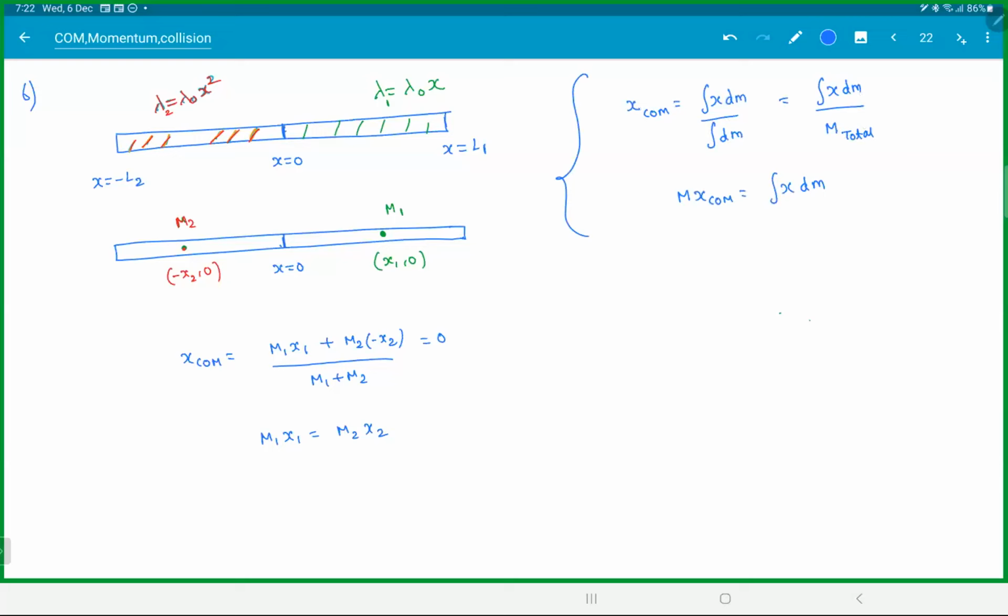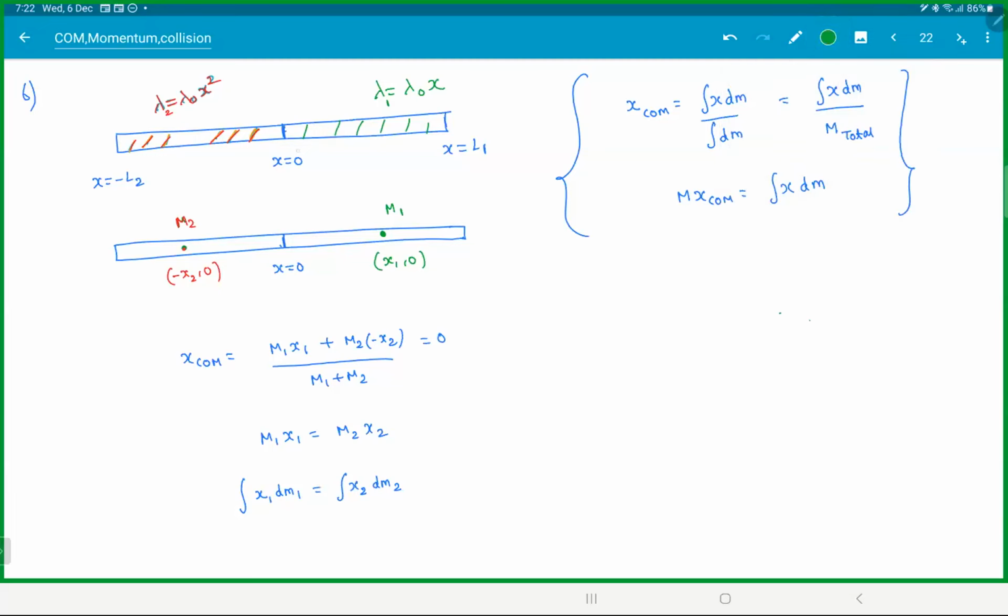Is that making sense? So indirectly, what we are doing here is integral x1 dm1 should be equal to integral x2 dm2. Is this clear?